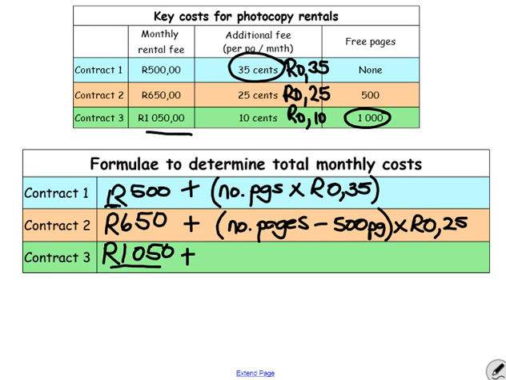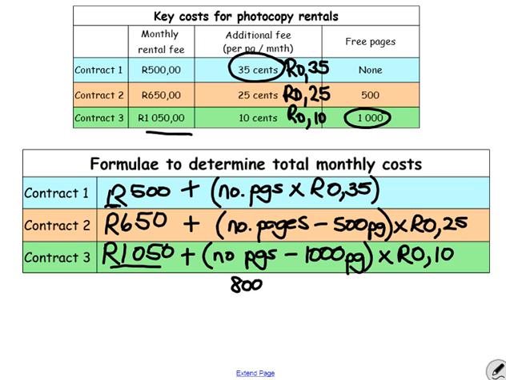Okay, so the next one, the last one, I'm going to work out how. Okay, number of pages minus 1,000 pages times 10 cents. Okay, what's going to happen here if you only use 800 pages?